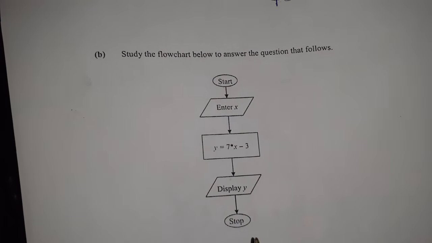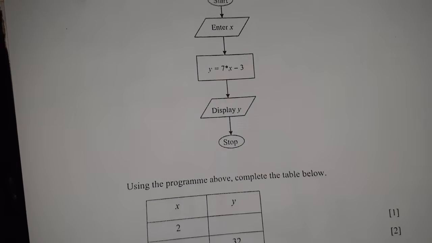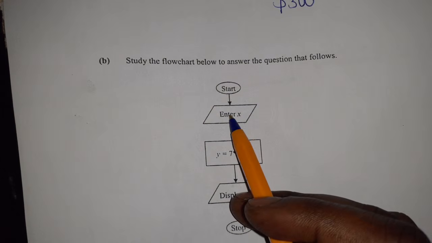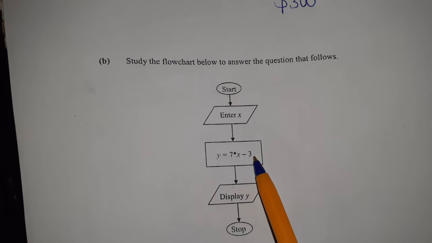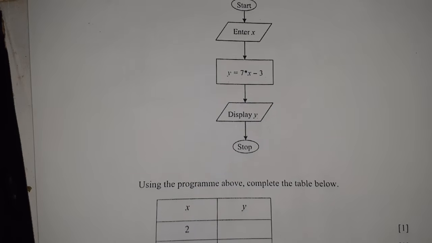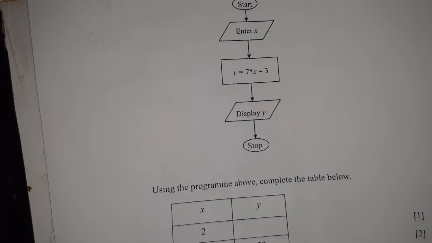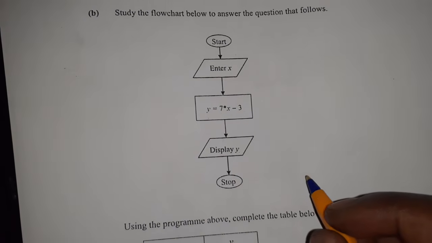Then we have the flowchart below to answer the questions that follow. Okay, so we have start, enter x, y is equal to 7 multiplied by x minus 3, display y. Let me just write it in simple language.